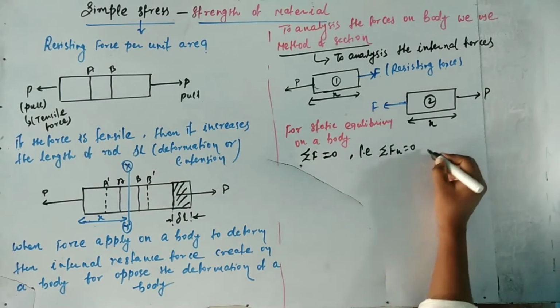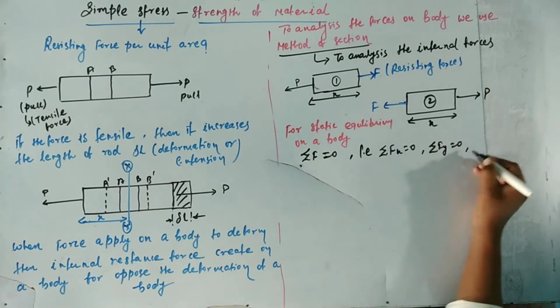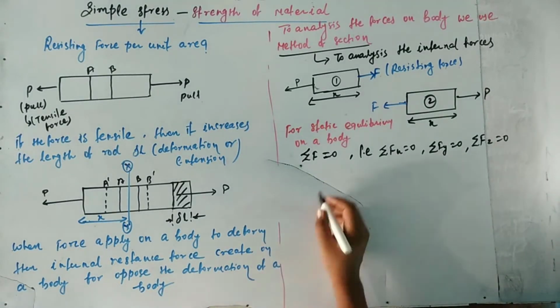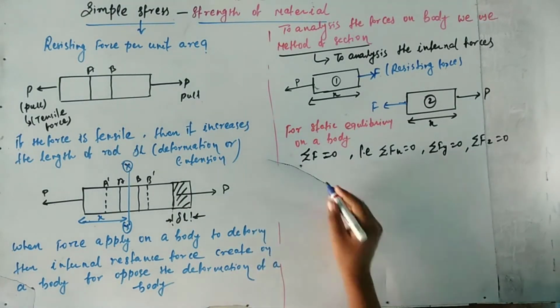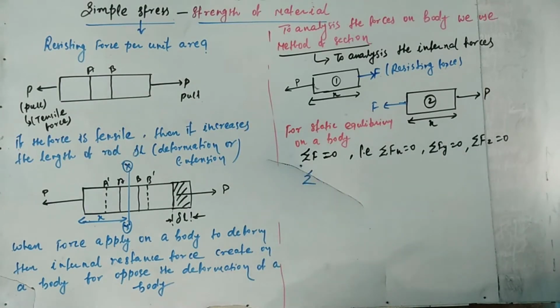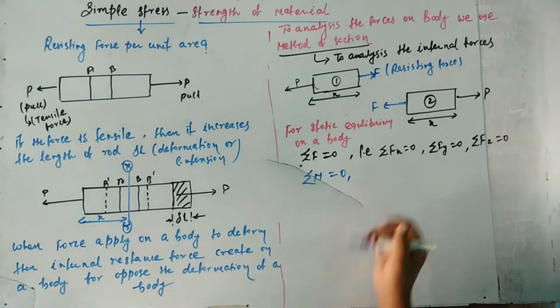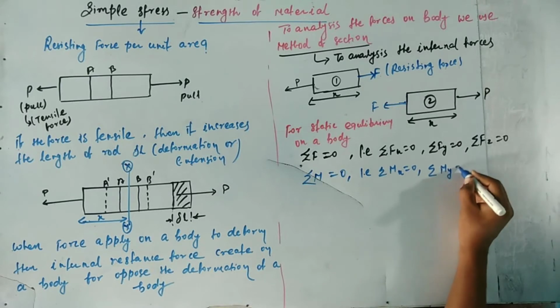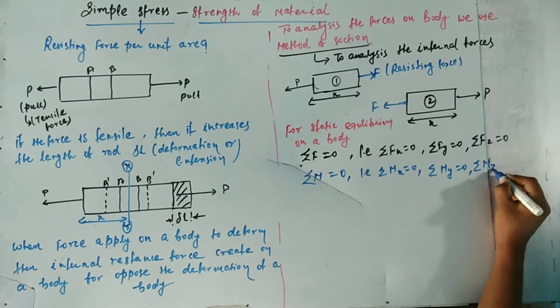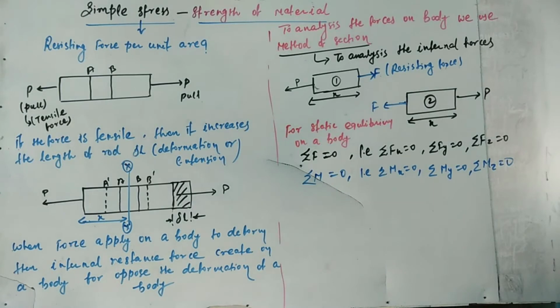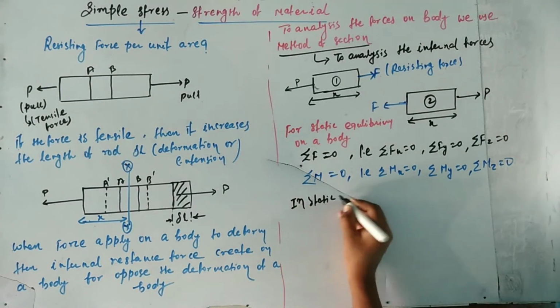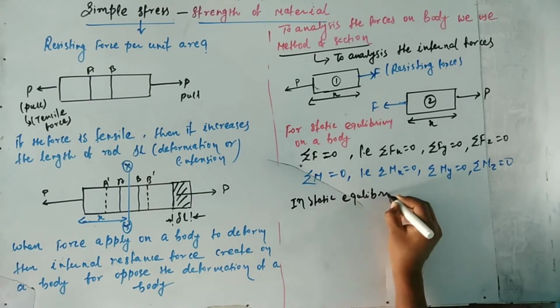That is, summation Fx in x direction is equal to 0, summation Fy is equal to 0 and summation Fz equals 0. Similarly, summation of moments will be equal to 0. That is, summation Mx is equal to 0, summation My is equal to 0 and summation Mz equals 0.